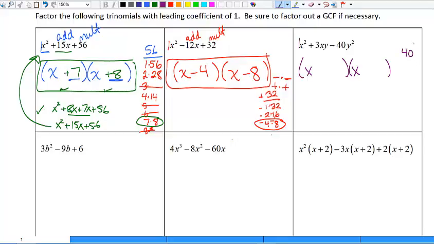Now this one's a little bit different because we have a y squared in the back and an x squared in the front. And in the middle term we have an xy. Well, notice that my x terms are going down nice and neatly. I have an x squared and I have an x, and then I have no x's, just a number. Similarly, my y's are going up nice and neatly.